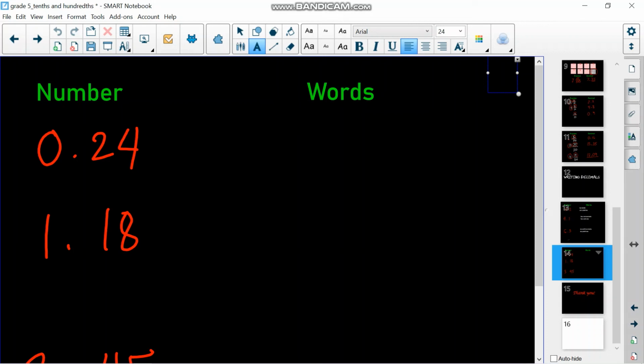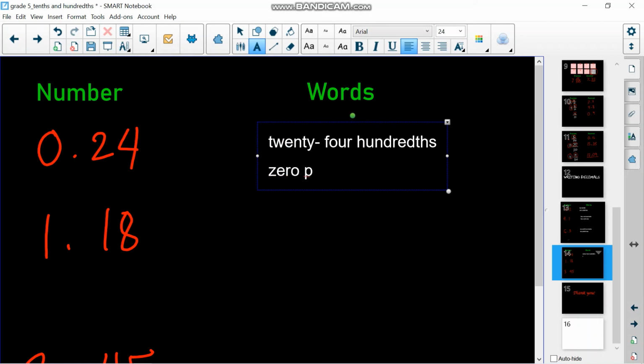Let's go to the examples for hundredths. First one, we have 24 hundredths. So we can write that as 24 hundredths, or we can write 0.24.